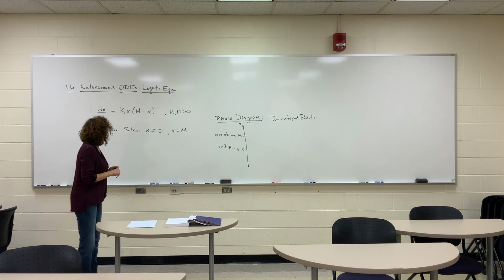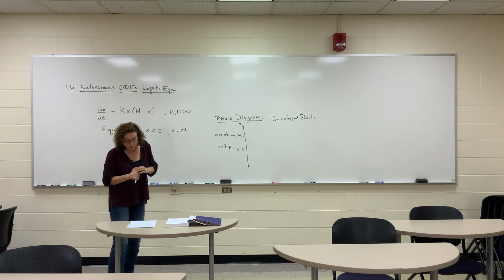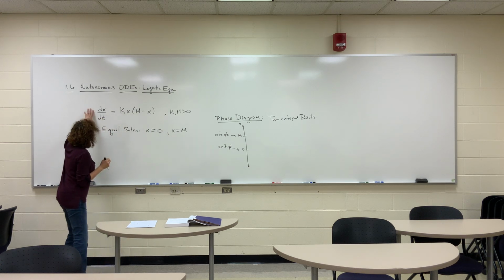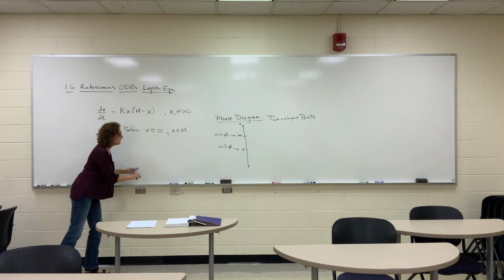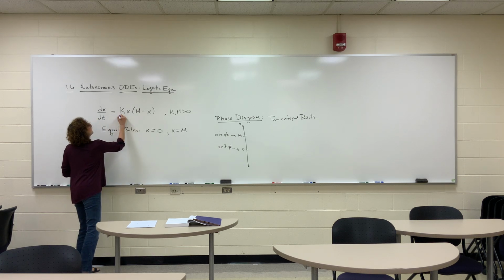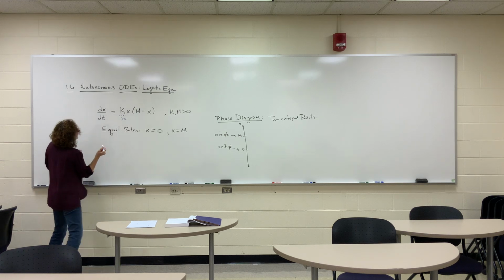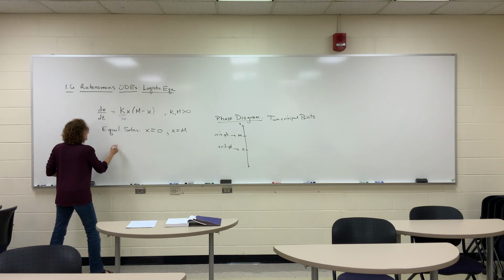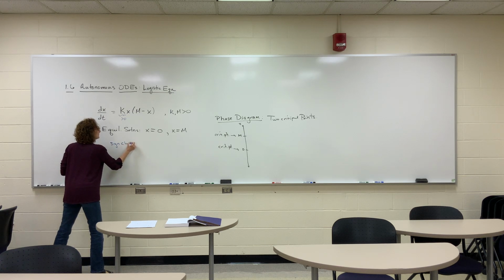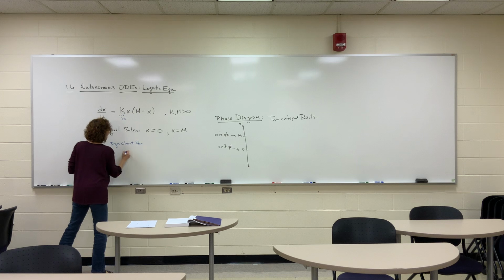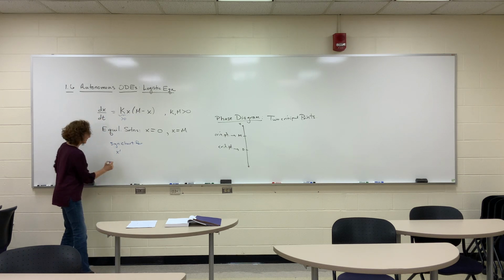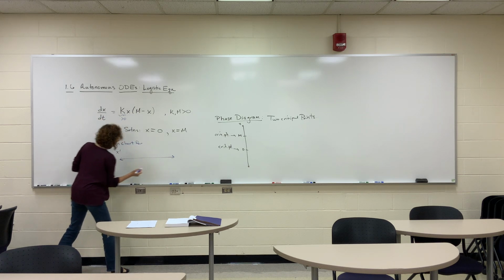Okay, so now let's think about this particular equation. What do we know? We know that this constant is positive, right? And so if I try to think about a sign chart for x prime, and I draw this, and this is x.